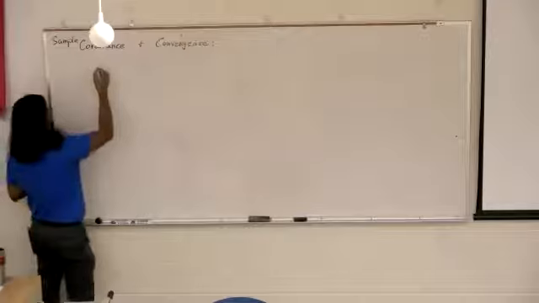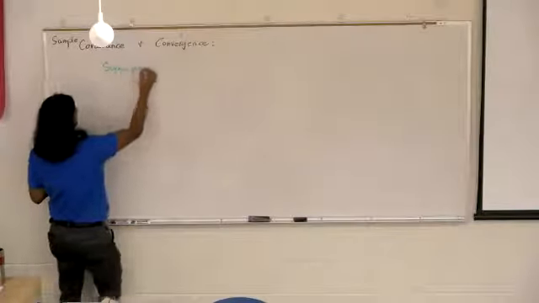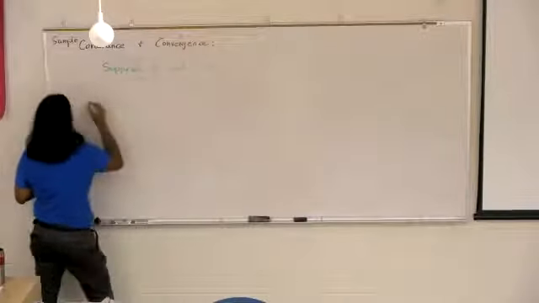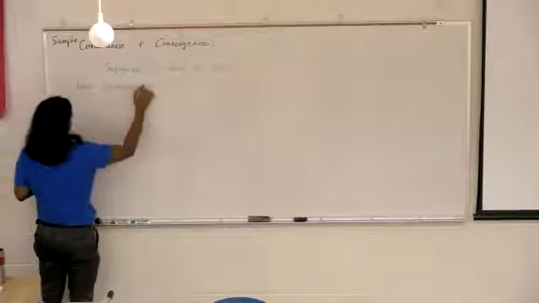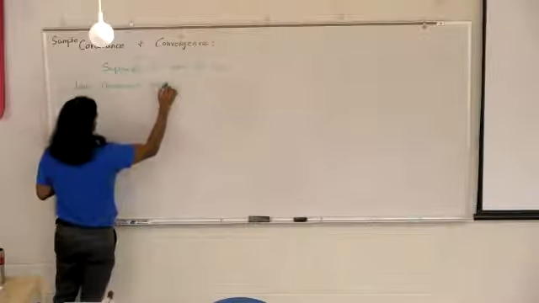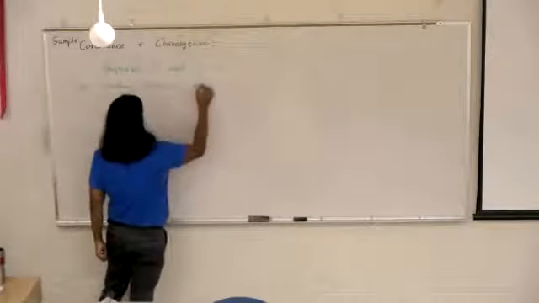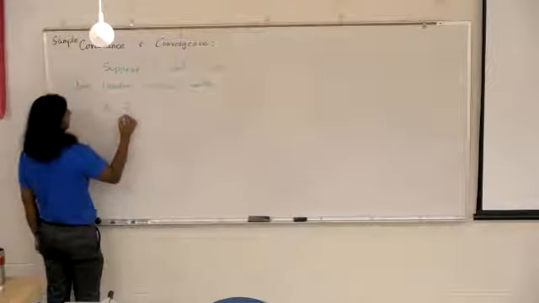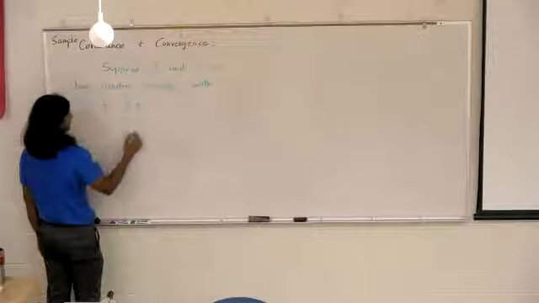So if we have two random variables, suppose x and y are two random variables, we know what x bar is. X bar equals the sum from i = 1 to n of xi divided by n.